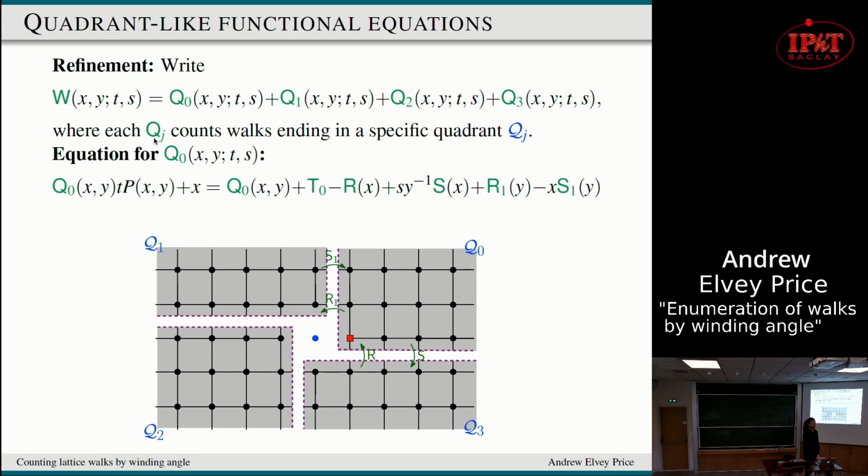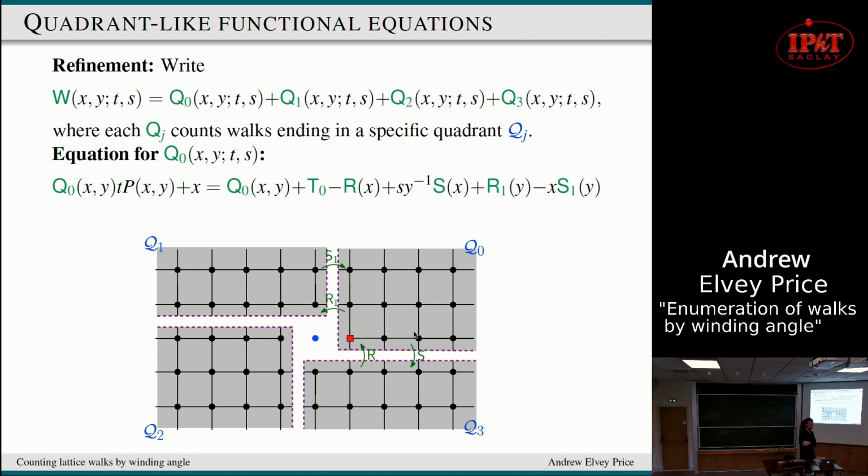Okay, and so then, somewhat trivially, W is equal to the sum of these 4 generating functions, because every walk finishes in one of these quadrants. Now, just by looking at walks that end in Q0, we can write a similar functional equation to before.